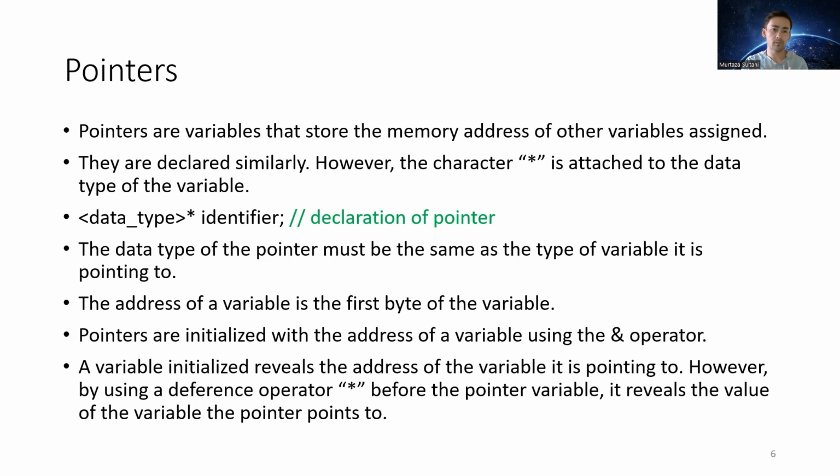So we have L value and R value. If you want to reveal the R value of a variable after pointing to the variable's address, we can use the dereference operator, which is the same as the pointer operator. It reveals the value of the variable.